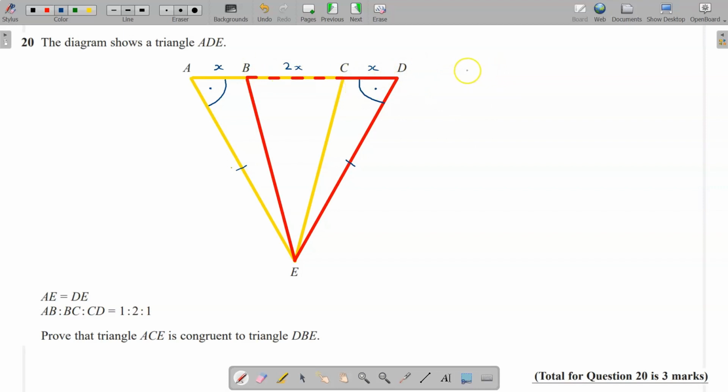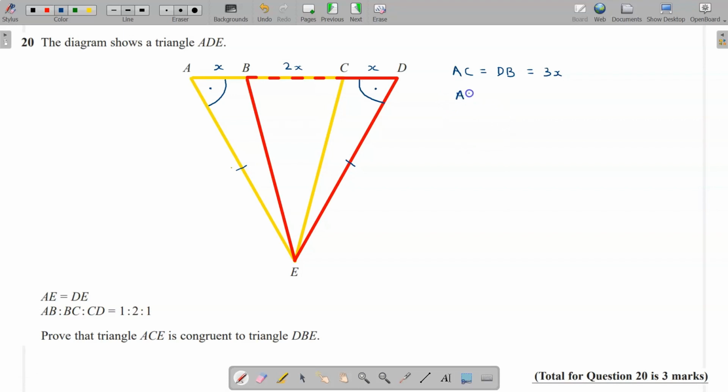So I'm going to say that AC equals DB equals 3x.